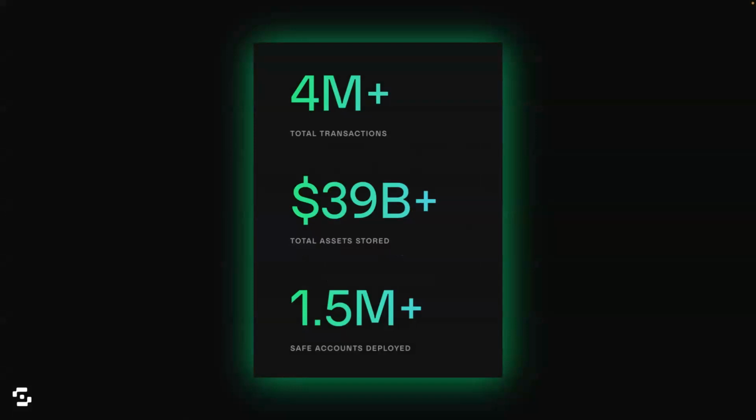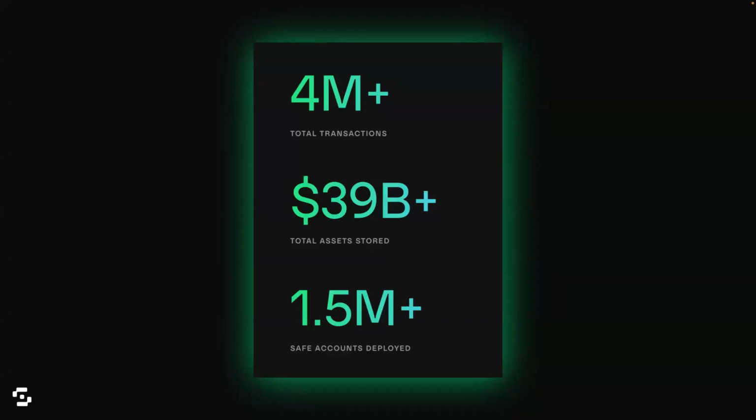To give you a little bit of context on how many assets are stored, this is a little bit outdated. I will share the newest data points in a second. A few months ago, Safe had close to 4 million transactions already, approximately 40 billion in assets stored, and close to 1.5 million Safe accounts deployed.